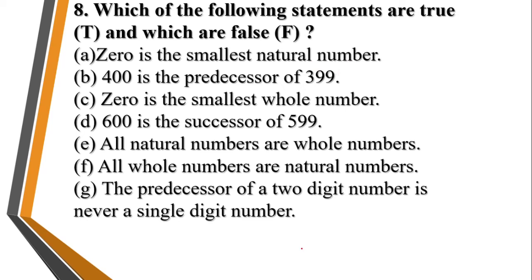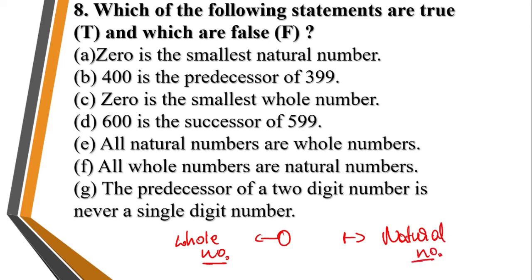Now we all know that whole numbers start from 0 and natural numbers start from 1, right? So we can easily say 1 is the smallest natural number, and 0 is the smallest whole number, right?